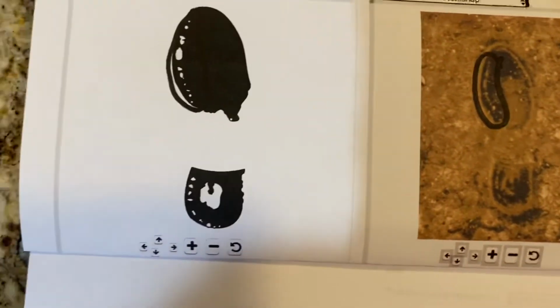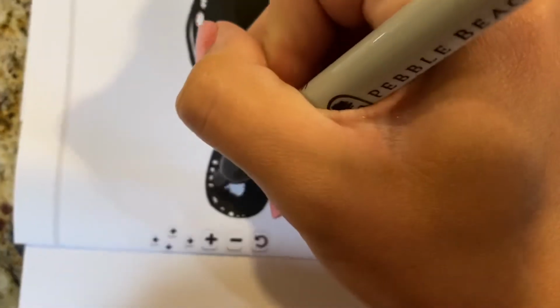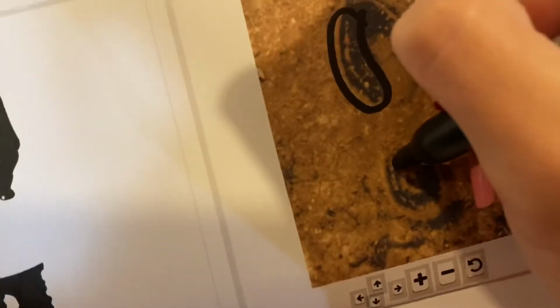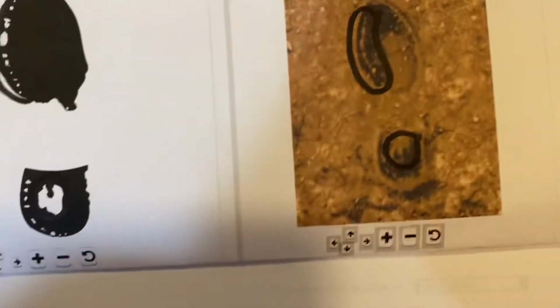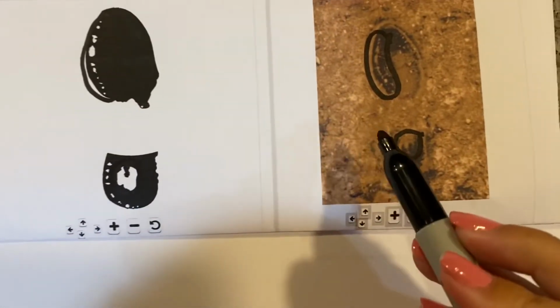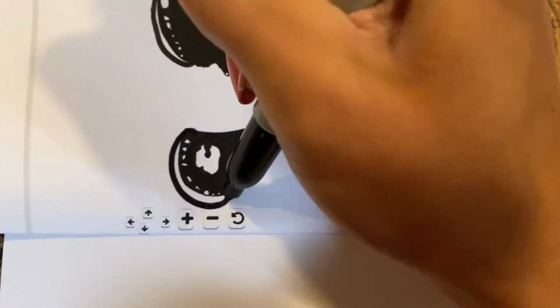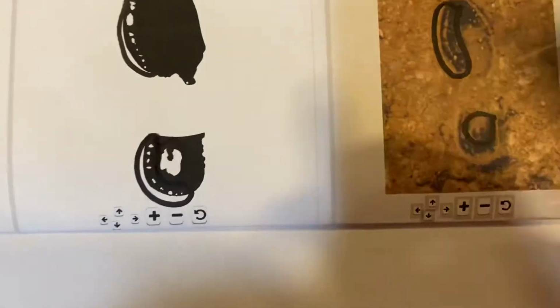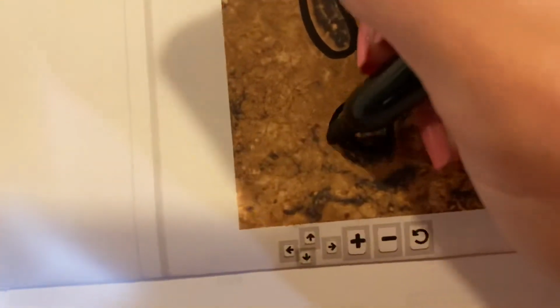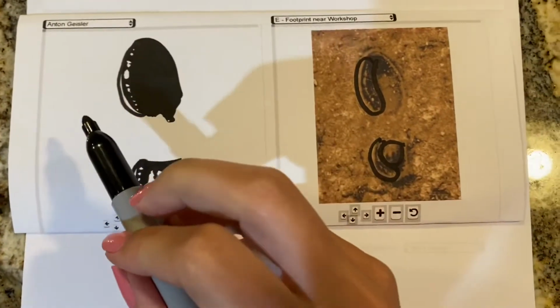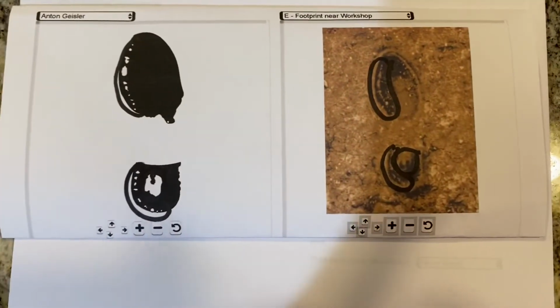Going back to Anton's, we can see this large pattern, almost like a hole in the footprint where the shoe did not cover the soil. We can find right over here in the footprint, matching that these two are very similar in shape. We can also see this long footprint pattern right here, and we can see that it is shown throughout this footprint over here. This concludes that Anton Geisler's footprint is comparable to the footprint found near the workshop.